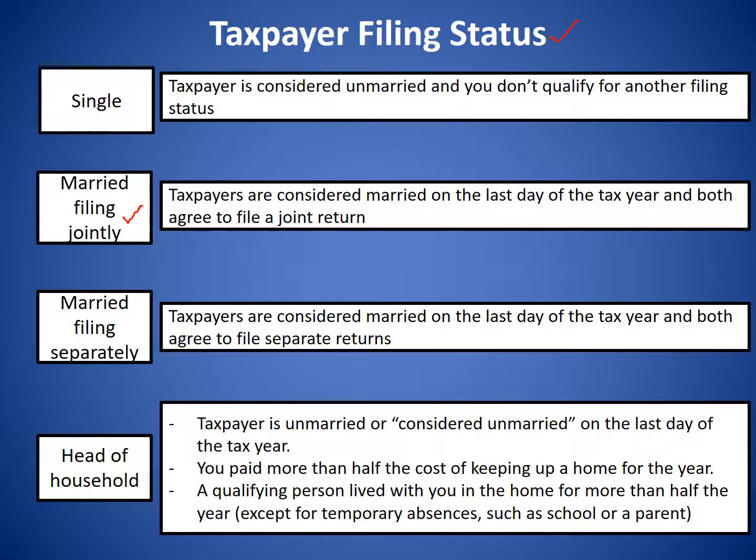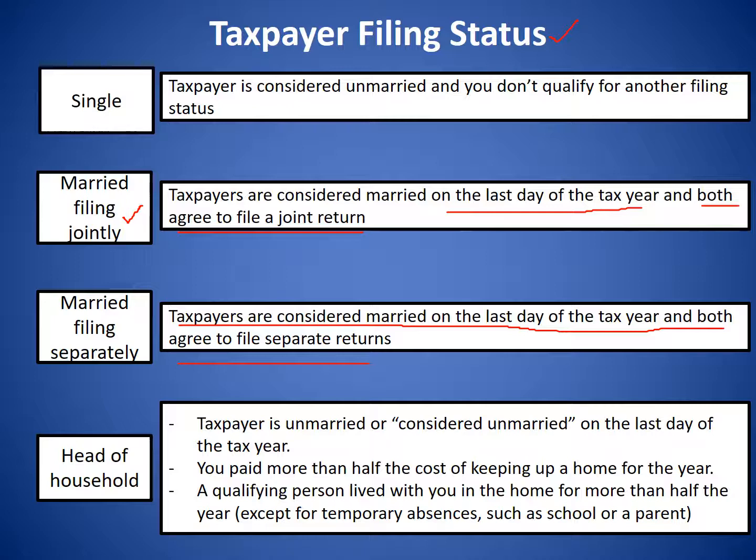Taxpayers who are considered married on the last day of the tax year, you're married by that day, and both agree to file a joint return. That's married filing jointly. Married filing separately is taxpayers who are considered married on the last day of the tax year and both agree to file separate tax returns.